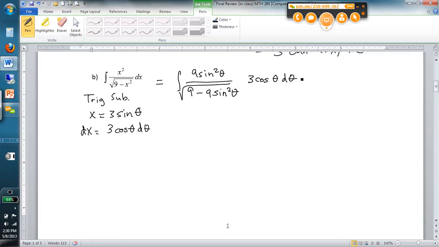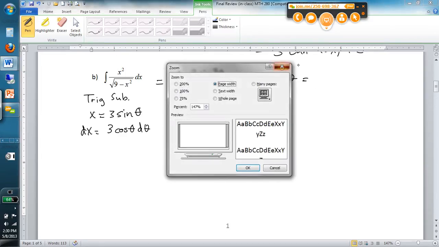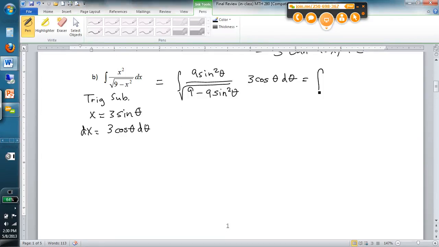With me so far? Reason I do that is because notice here what happens if I factor a 9 out of the bottom. Don't I get 9 times 1 minus sine squared?